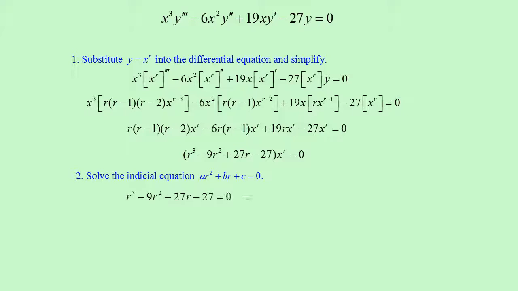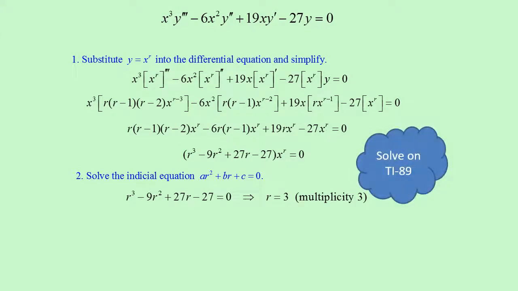Solving this on a calculator, we come up with one solution, r equals 3, which is 3 times. Multiple solutions have this format for their answer. We'd have some constant times x to the 3, some constant x to the 3 with an ln of x, and then some constant x to the 3, and then the factor ln of x would be squared.